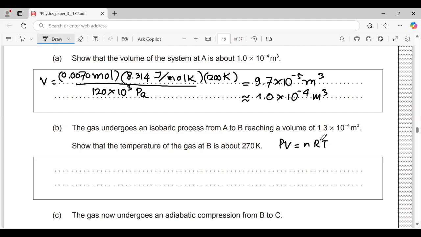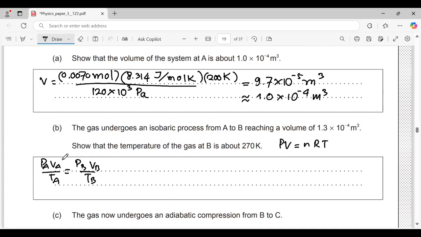Since the pressure is constant, we can set up a ratio of the initial and final state like this: PA VA over TA equal PB VB over TB.